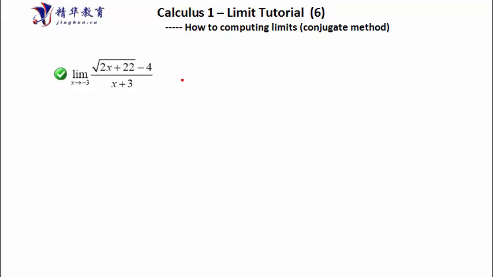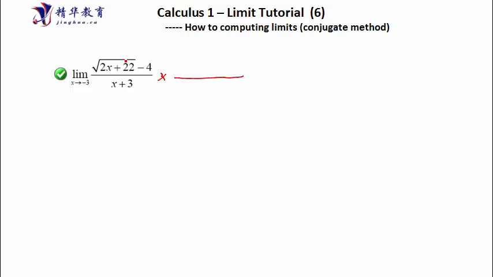So how do we do these things? We times the conjugate. You just times by a one, where the upper and bottom are the same.